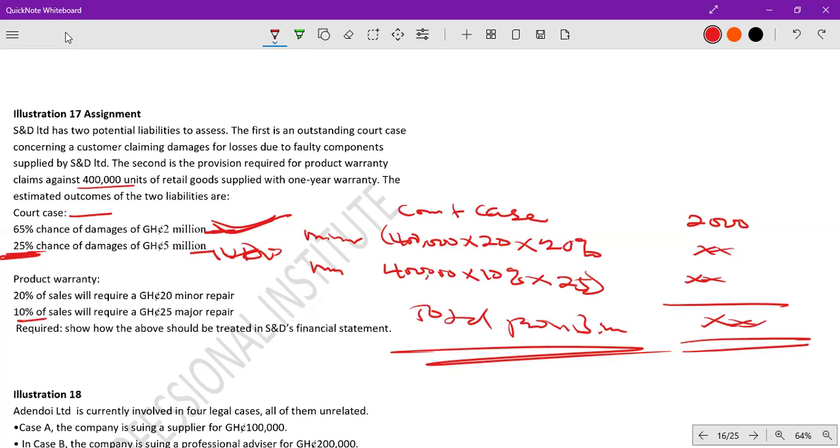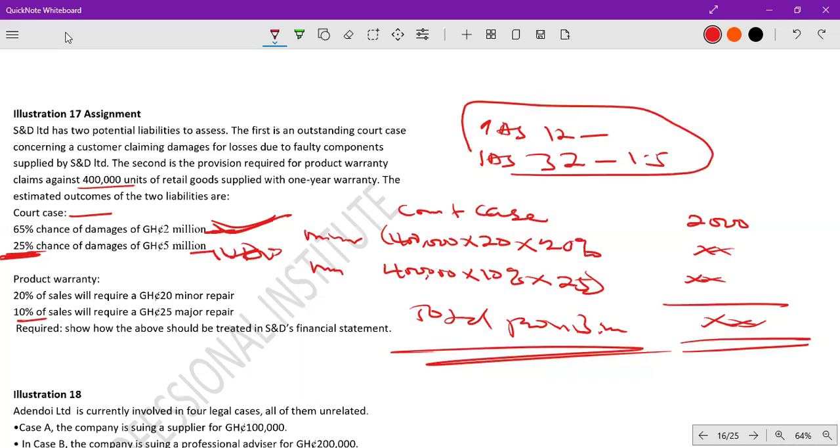Okay, so please, that is it for now. At 3 a.m. tomorrow, we are doing IAS 12 for 1 hour. We are doing IAS 32 for an additional 1.5 hours before church tomorrow.